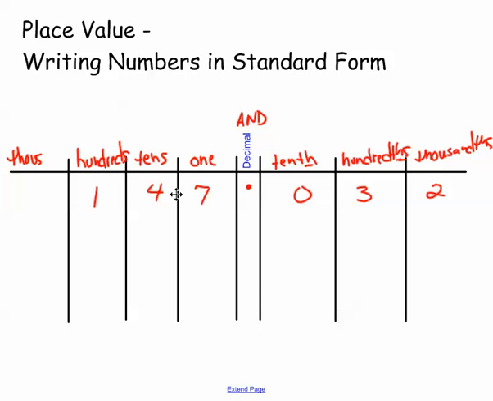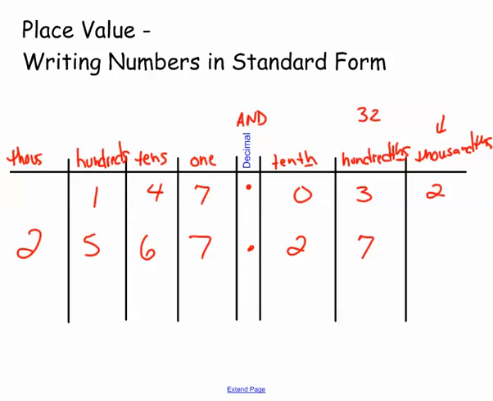Okay, 147 and this is simply 32 thousandths. 147 and 32 thousandths. Let's do another one. Okay, 2,567 and 27 hundredths.